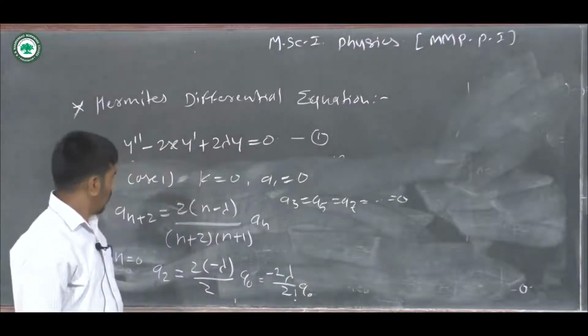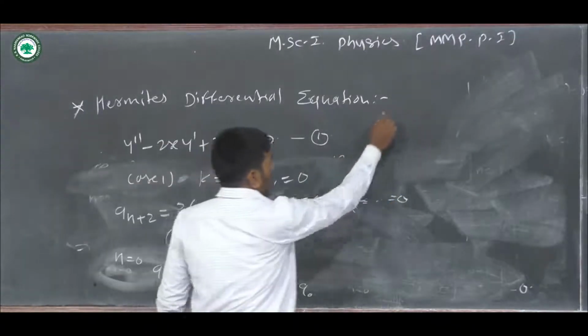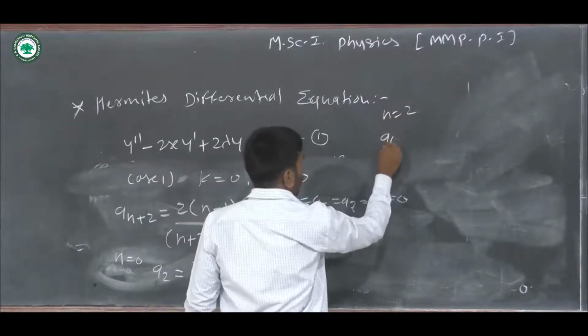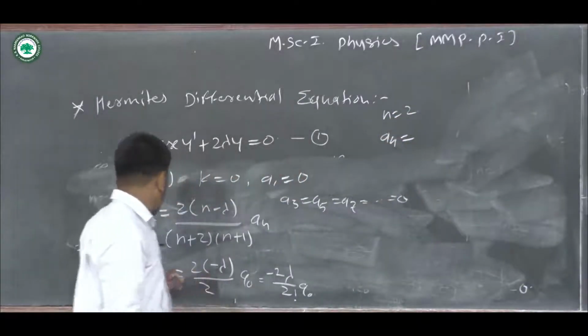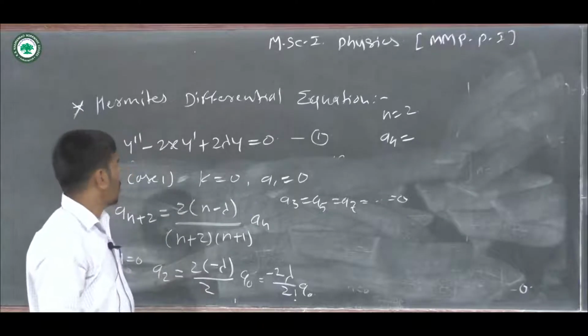Next, if I put n is equal to 2, then we can find a4, because 2 plus 2 is equal to 4.